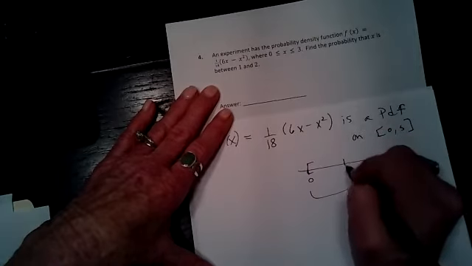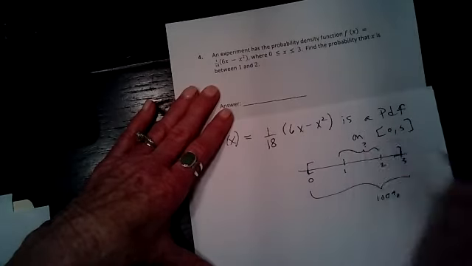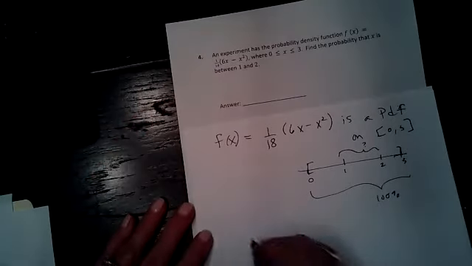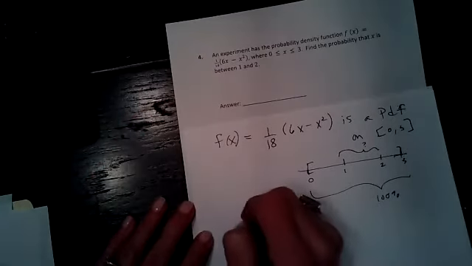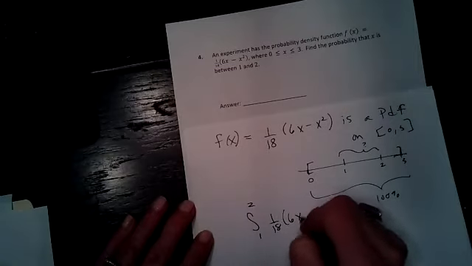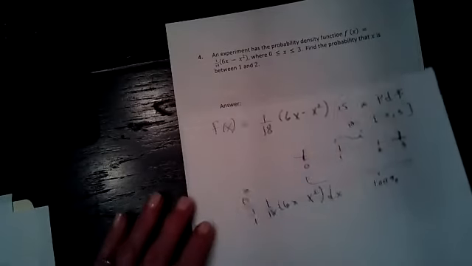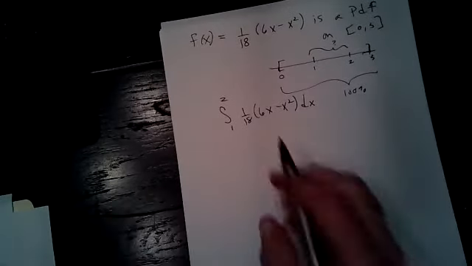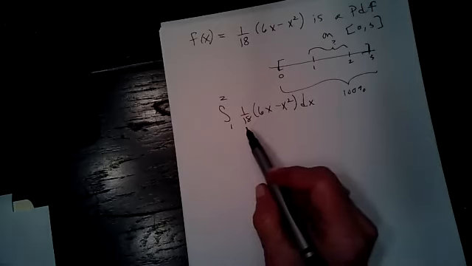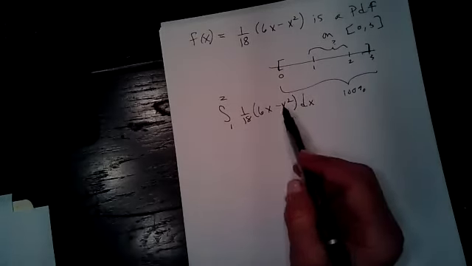So we're looking for this probability for 1 and 2. We just integrate from 1 to 2 of 1 over 18, 6x minus x squared dx. Let's talk about this integral. It's the 1 over 18 that's kind of different. I used to distribute it through, and it was a nightmare.